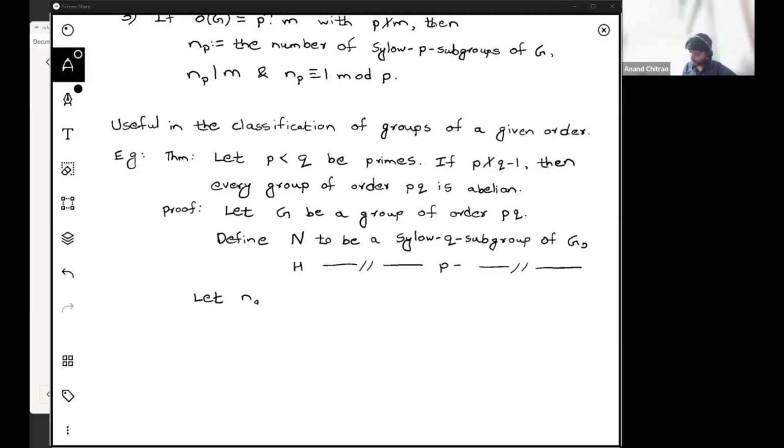Let nQ be the number of Sylow Q subgroups.